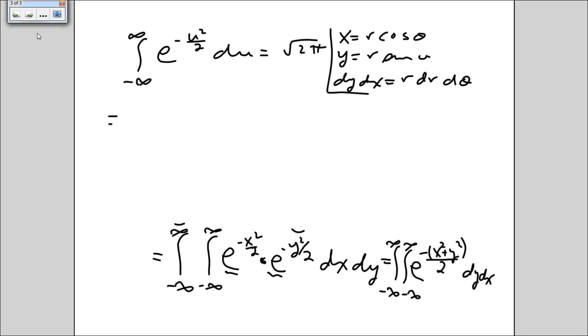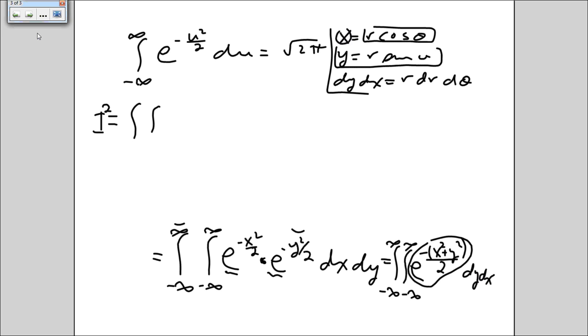Okay, so I squared equals the double integral. Now, when it comes to this, x squared plus y squared is r squared. If you square x, you get r squared times cosine squared theta. If you square y, you get r squared sine squared theta.